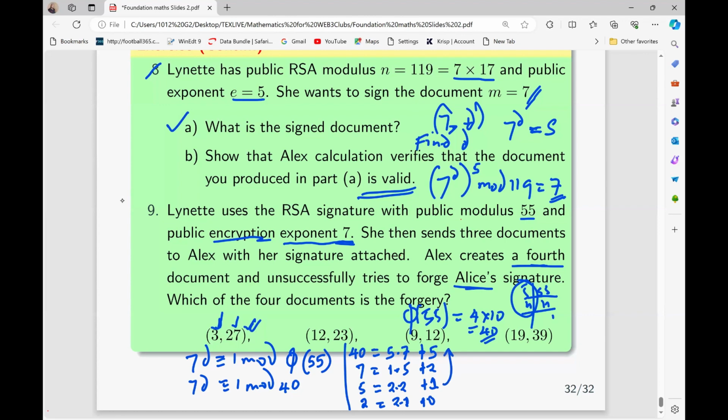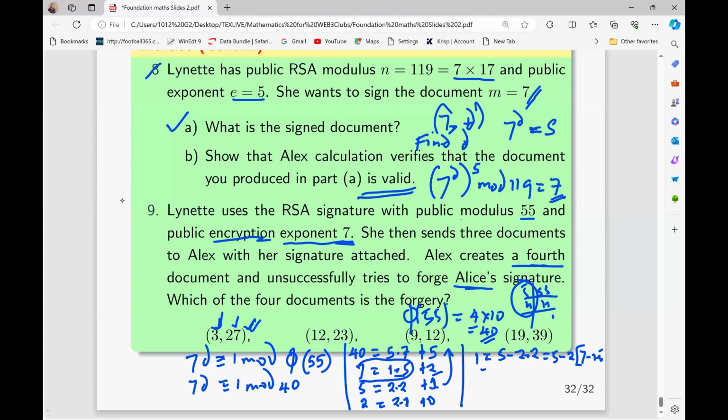When you reverse, what do you get? You have 1 is equal to 5 minus 2 multiplied by 2, which is the same as 5 minus 2 multiplied by, instead of 2, we write the equivalent, which is 7 minus 1 multiplied by 5.